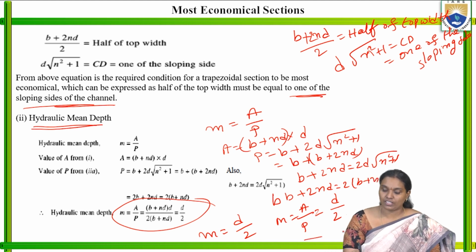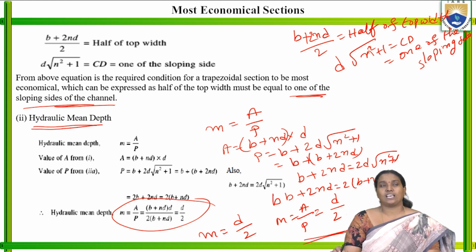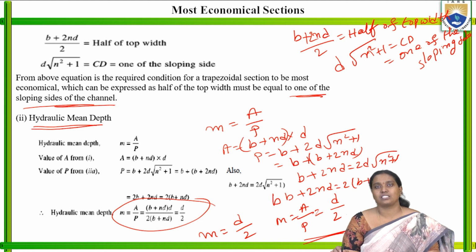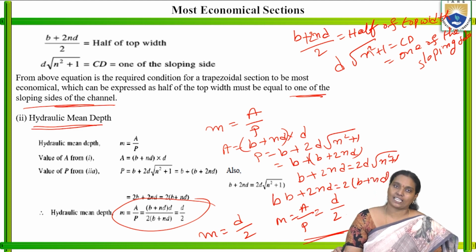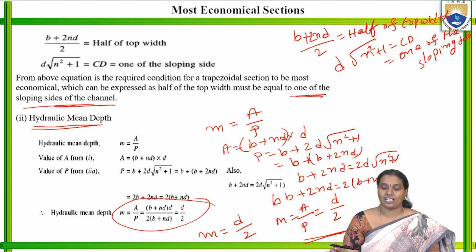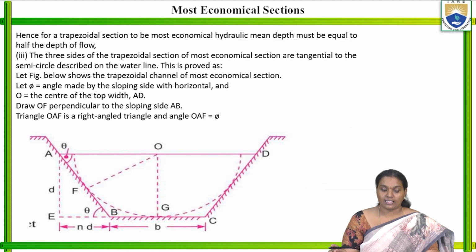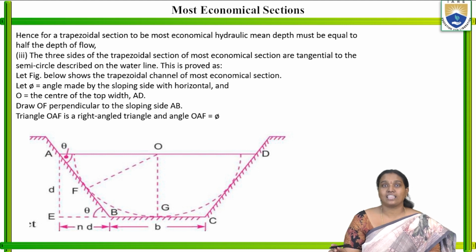In this, half of the depth of the flow is a similar condition which applies in both rectangular and trapezoidal channel sections. And the another condition is that the three sides of the trapezoidal channel section of the most economical section are tangential to the semicircle.